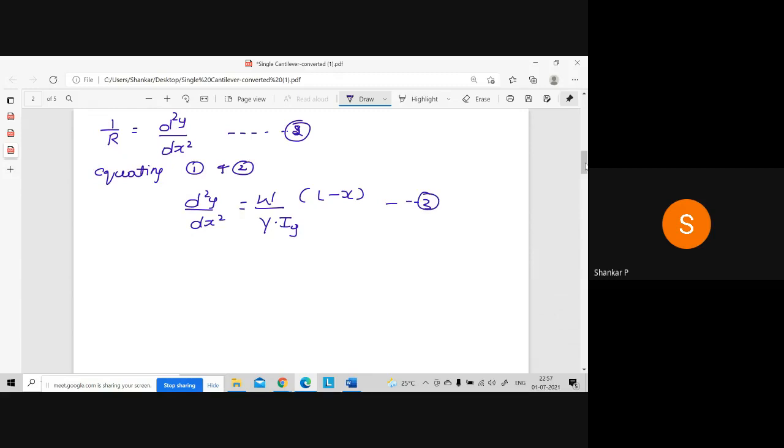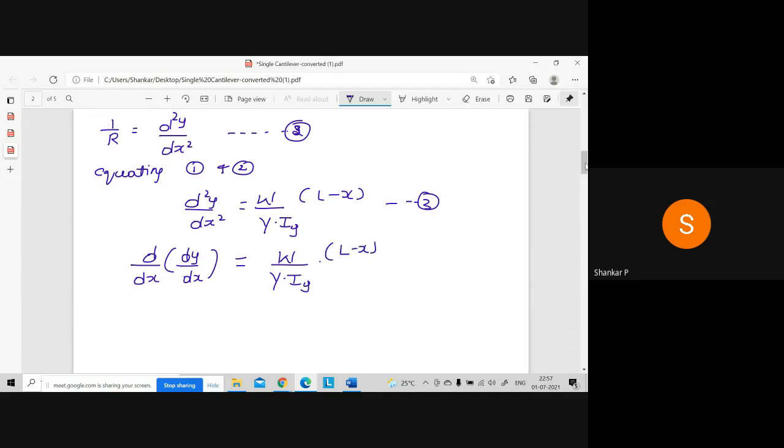Now the left hand side d square y by dx square can be written as d by dx into dy by dx, which is equal to W by Y into Ig into L minus x.